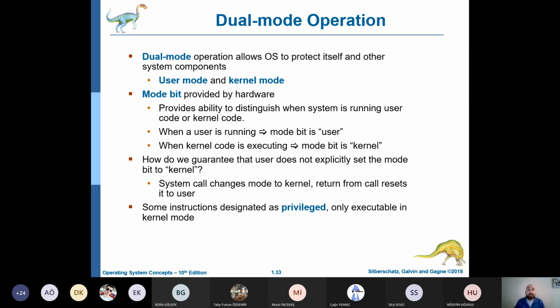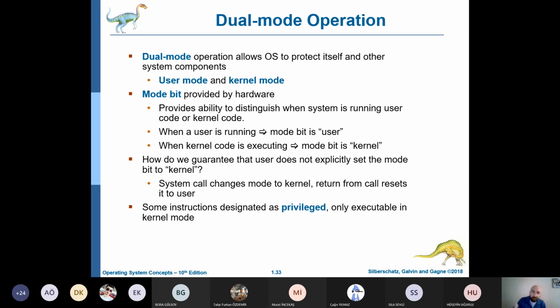We have to ensure that a problem created by a program cannot affect other programs. So in order to ensure the proper execution of the system, we must be able to distinguish between the execution of operating system code and user-defined code, because the operating system is important for us. If there is a problem in an application program, it's not as important.